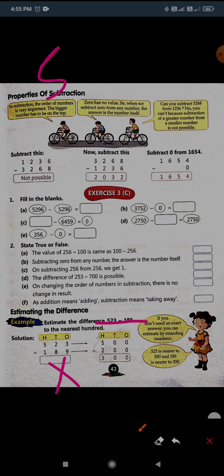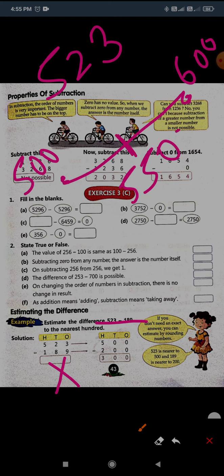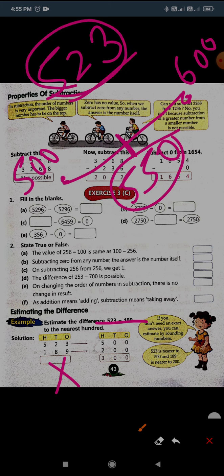So here you can see 523. So 523 belongs to 500 and 600. So what is the mid of 500 and 600? It is 550. Now you have to compare this mid number to the given number. Here it is 523, here it is 550.